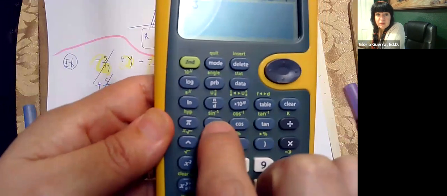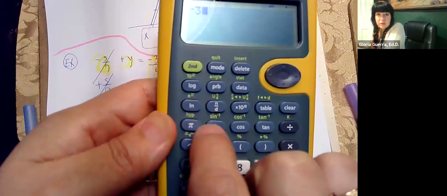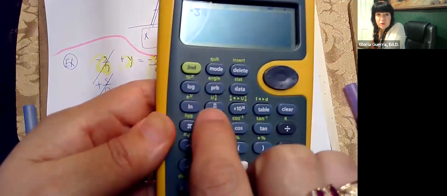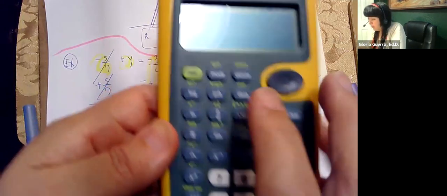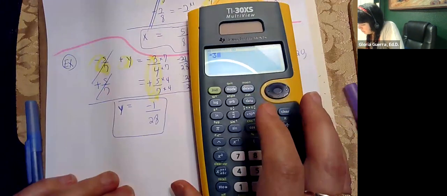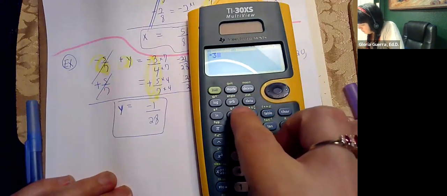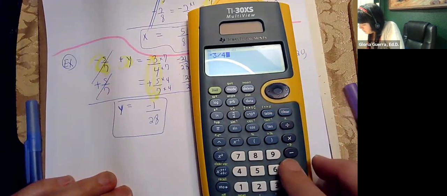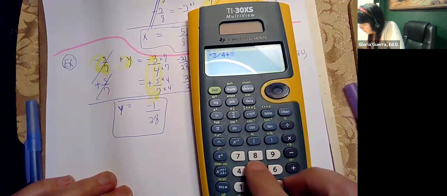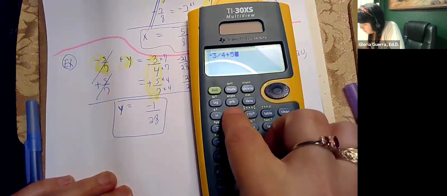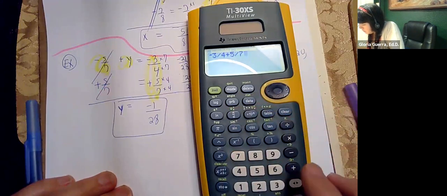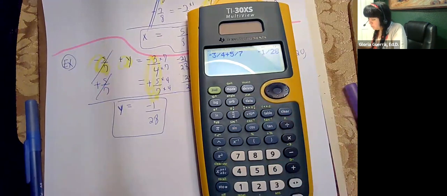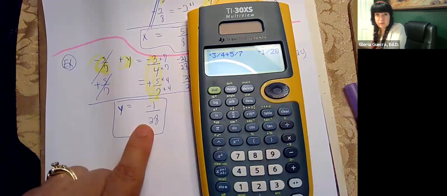Then press that button, and then 4, and then plus, and then 5, then hit that button, then 7, equals -1 over 28. That's what I have here.